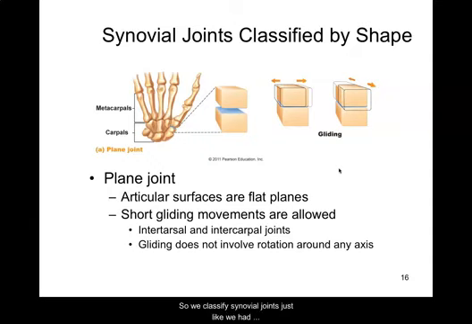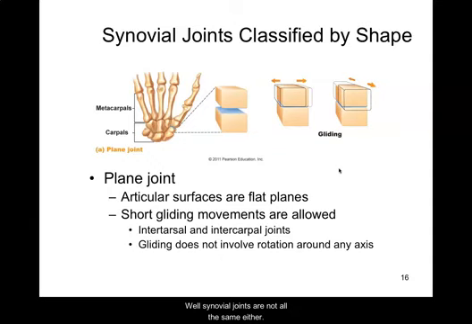So we classify synovial joints just like we had subclassifications of cartilaginous joints and subclassifications of fibrous joints. Remember, fibrous joints, we had our sutures, we had our syndesmoses, and we had our gomphoses. For the cartilaginous joints, they could either be a synchondrosis joint or a symphysis joint.